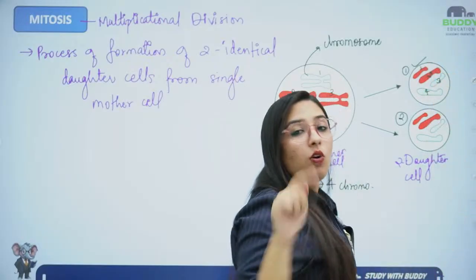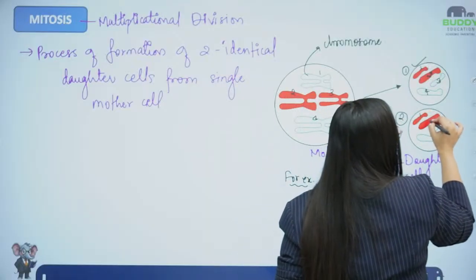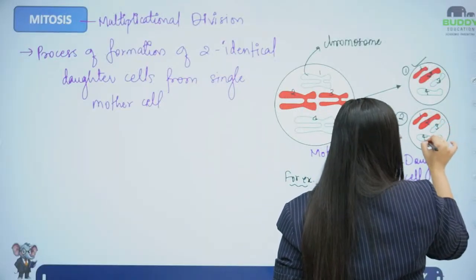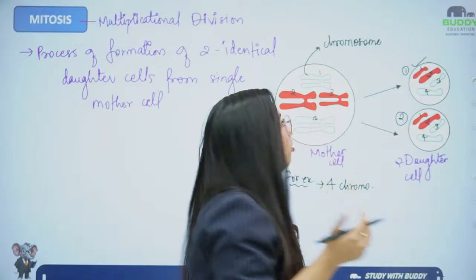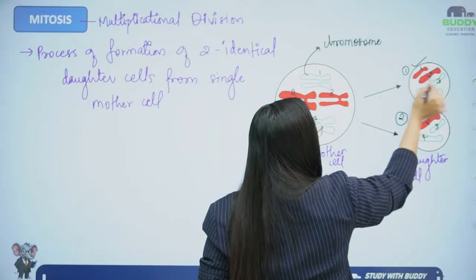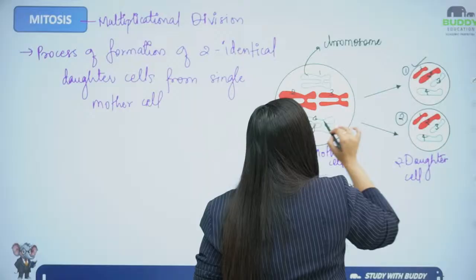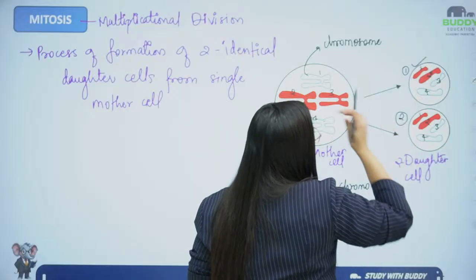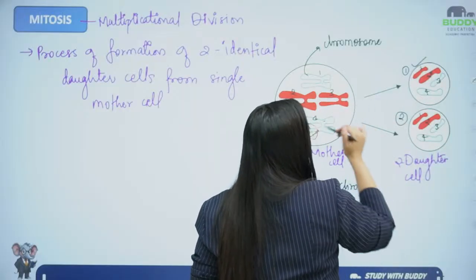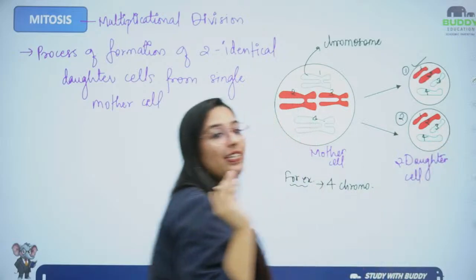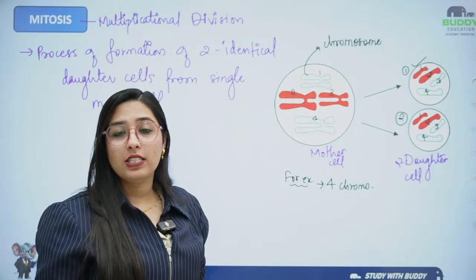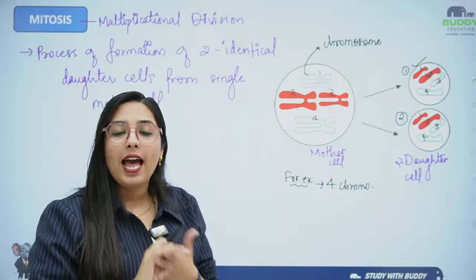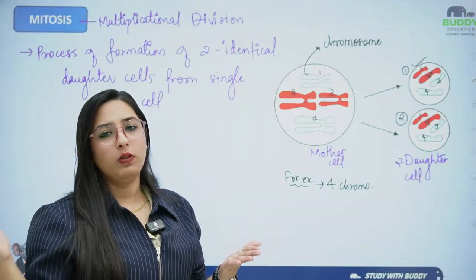And now count in the second daughter cell also: first, second, third, and fourth. You can see the colors also: 2 red, 2 blue. Same exact identical daughter cells, as I've already told you.